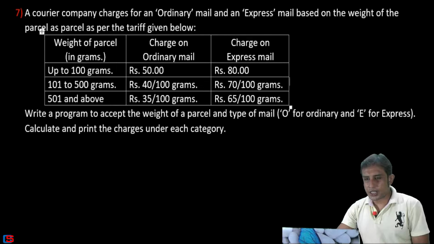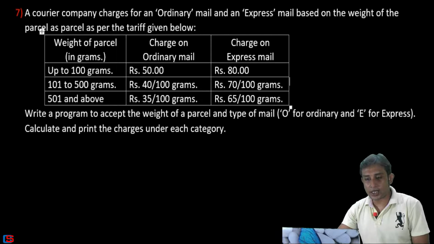A courier company charges for an ordinary mail and express mail based on the weight of the parcel as per the tariff given below. Up to 100 grams for ordinary mail it is rupees 50, and for express mail it is rupees 80, and both these charges are fixed up to 100 grams.